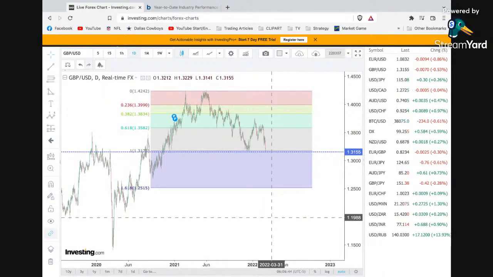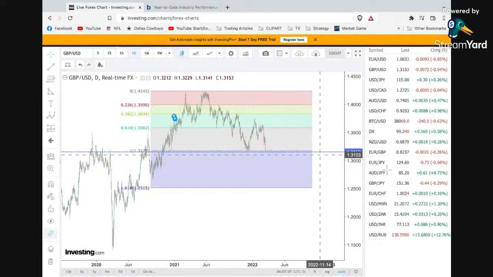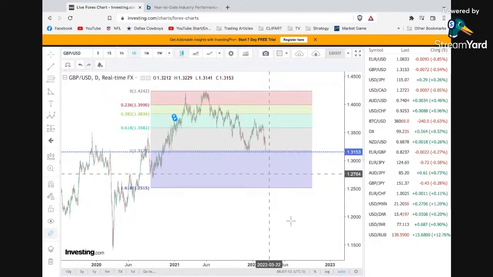That would be the dollar gaining, because these values are showing you that for every $1 US, the British pound is worth 1.31. But that spread, or difference between the two, is going to narrow some.